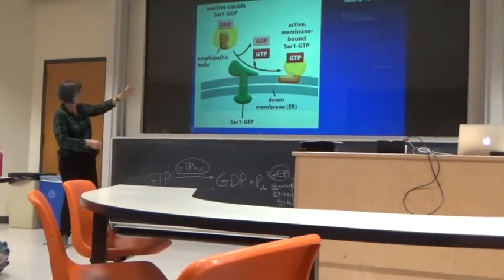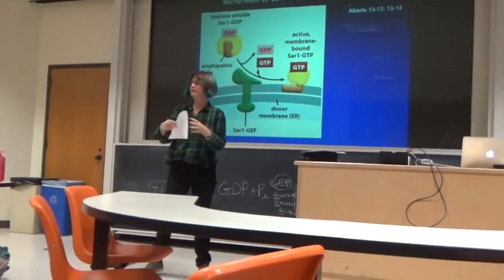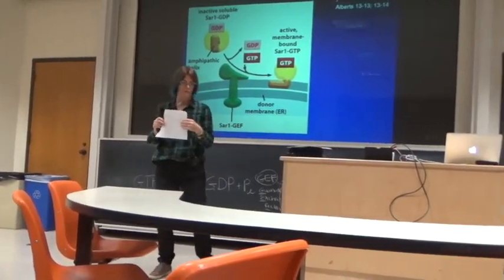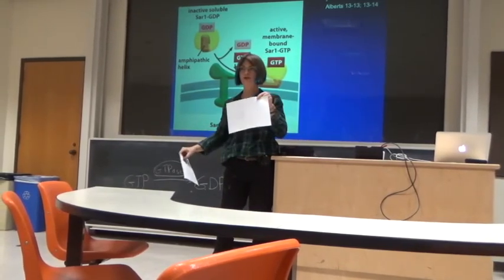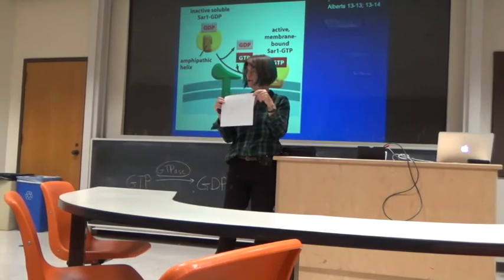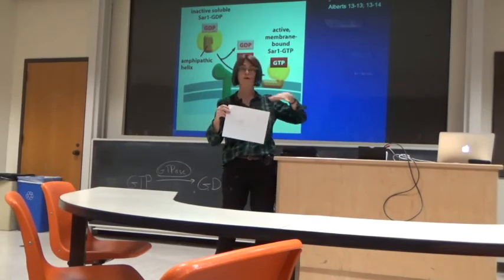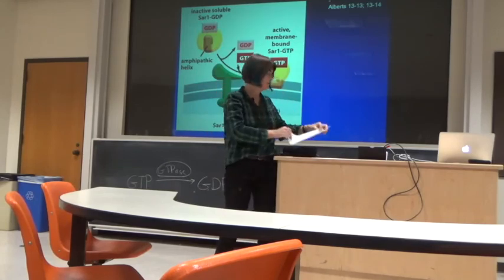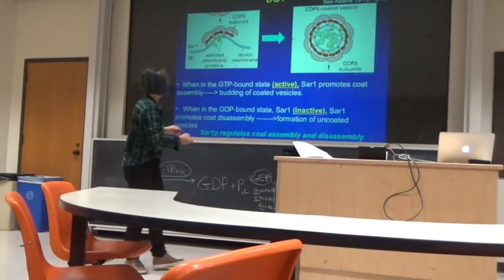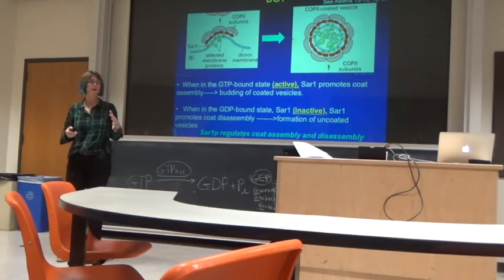And then when it hits the ER membrane, it encounters the SAR1 GEF, and that will exchange SAR1 into its GTP-bound form, and then it'll start promoting its reaction. And its reaction is to promote the assembly of COP2-coated vesicles on this membrane. So as long as SAR1 is in its GTP-bound form, these coats will form, and they'll bud off. And it'll keep going on.